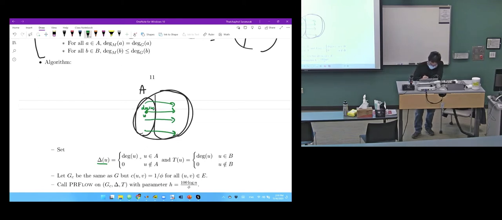So anything in A, you set the source to be degree of itself. If u is in A, set the source to be degree of u. And for the guy in B, the sink is the degree again. Okay, so T of u is degree of u.